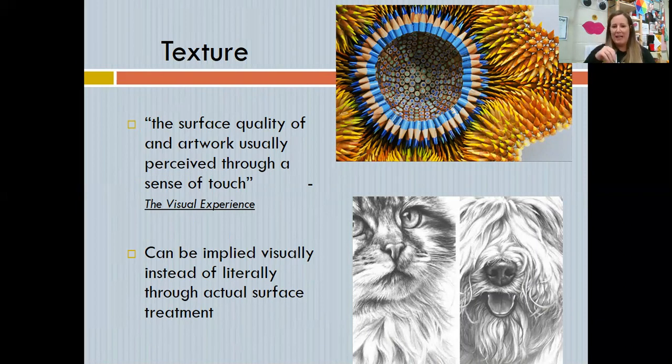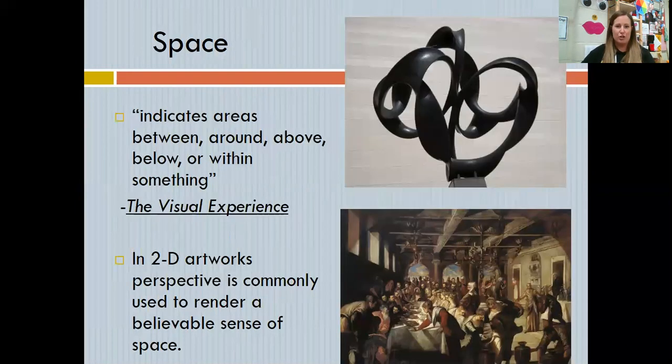Now, the one on the bottom of our cute little cat and dog down here, now those are going to be an implied texture, meaning they look very soft, they look very furry, but if I actually touch that, it's just a drawing, all right? I can't actually feel the fur. So that's going to be the difference between your implied and your actual texture.